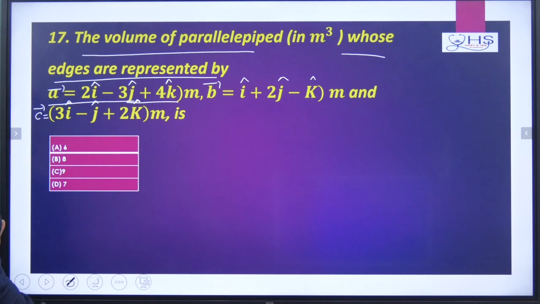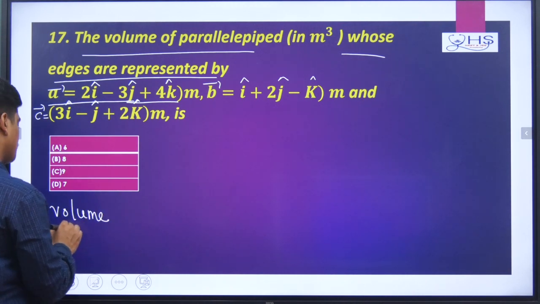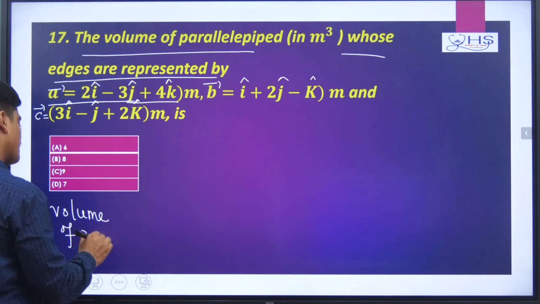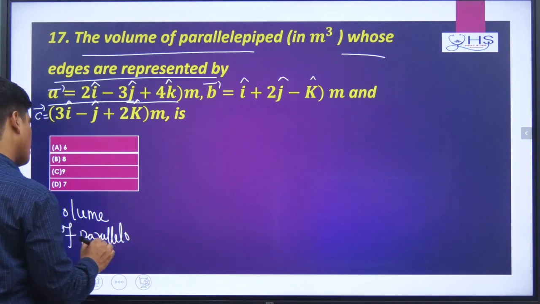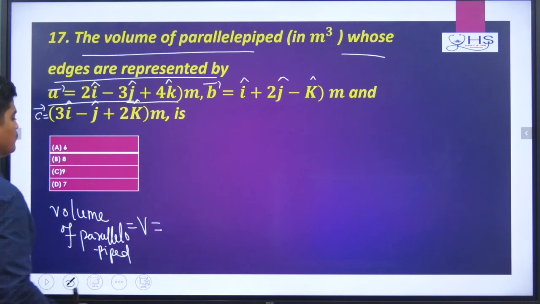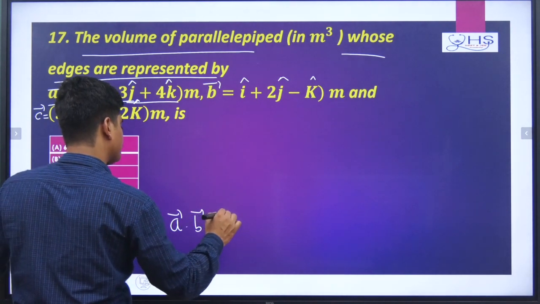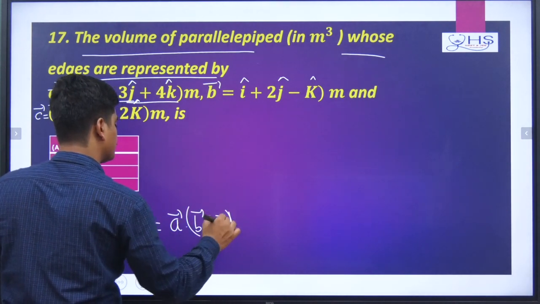Now you need to find the volume. Just now we discussed the volume of a parallelepiped. Volume of a parallelepiped V is how much? A dot B cross C.